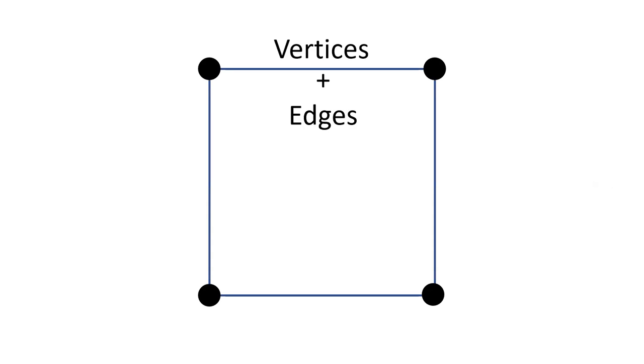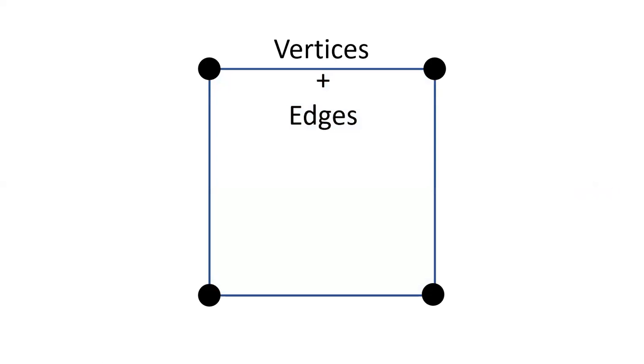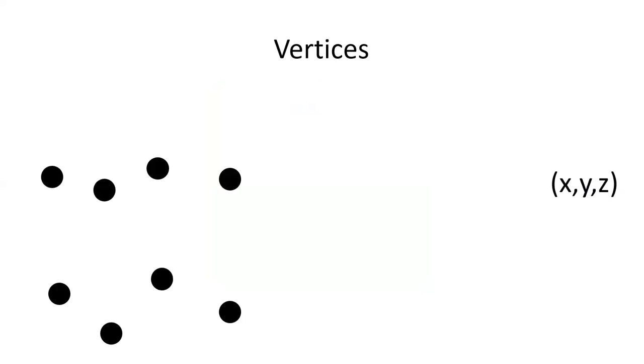And then when you color things in, you get faces. So those are the main parts of any shape. In 3D, you add another dimension to that. In 2D, the location of all your vertices is an X and Y coordinate. In 3D, you get 3 dimensions.